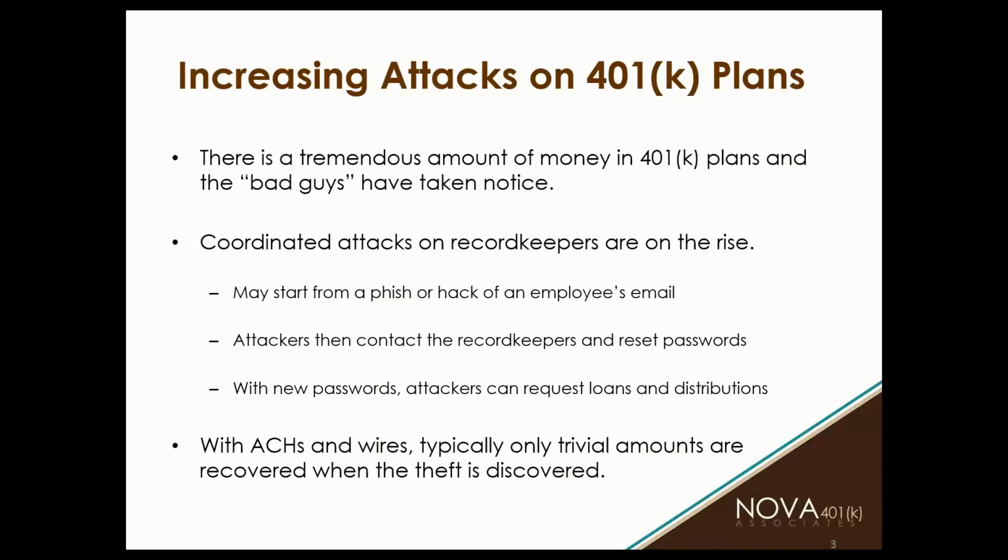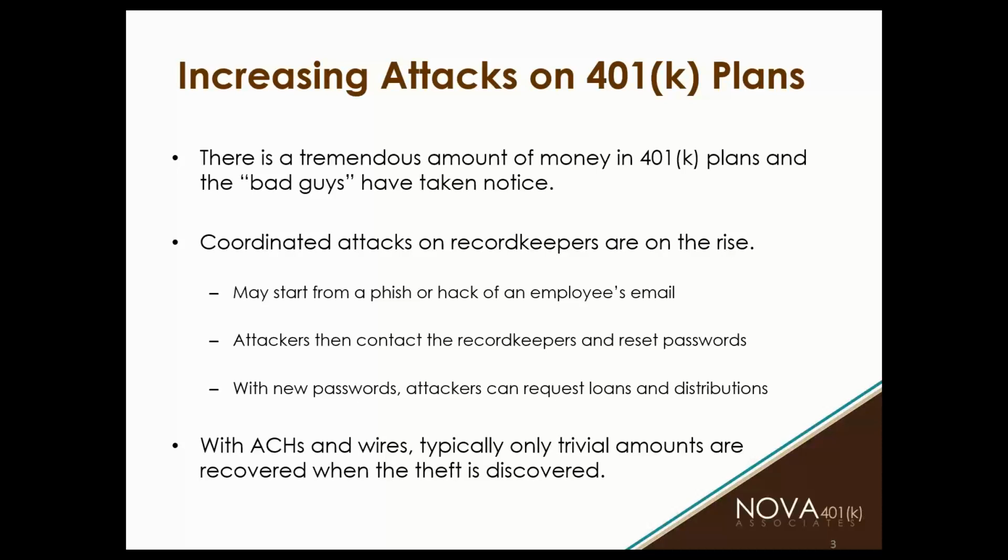It's also worth mentioning that these fraudsters and bad actors, typically when they request these distributions and loans, will request that they're paid via ACHs or wires instead of via check. The reason why they do that is pretty simple when you think about it: ACHs and wires get the money out of the plan as fast as possible, right?